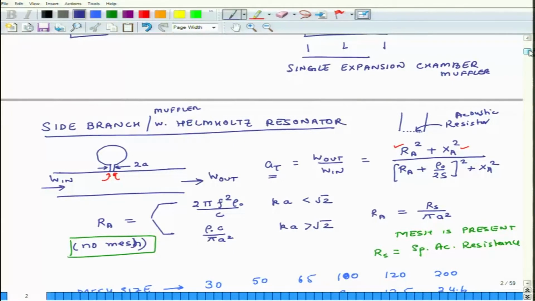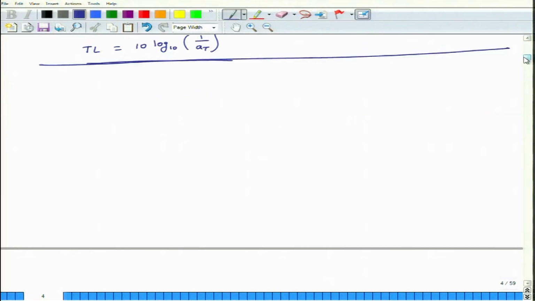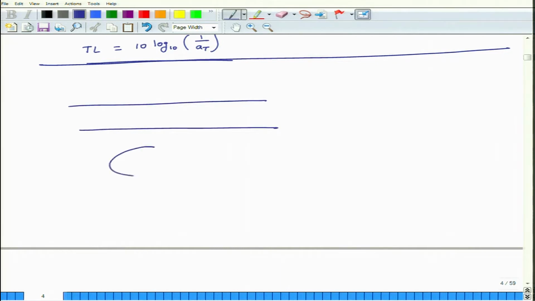Now, there is one more thing. Sometimes what happens is we have a pipe and we have a volume, and we connect this volume by not just one small pipe, but several small pipes.